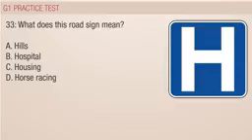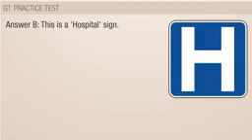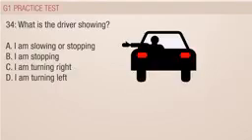Question 33. What does this road sign mean? A. Hills. B. Hospital. C. Housing. D. Horse racing. Answer B. This is a hospital sign. Question 34.